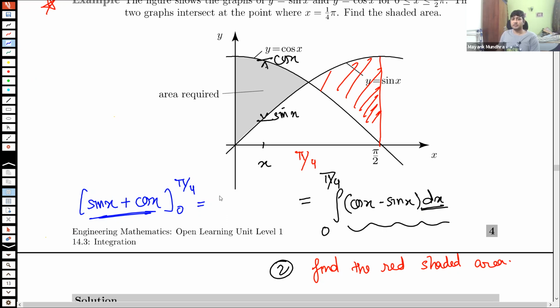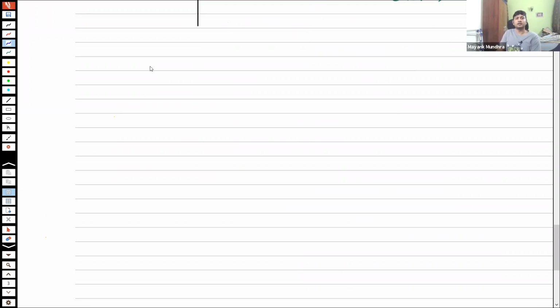So this is basically sin x plus cos x going from 0 to pi by 4.